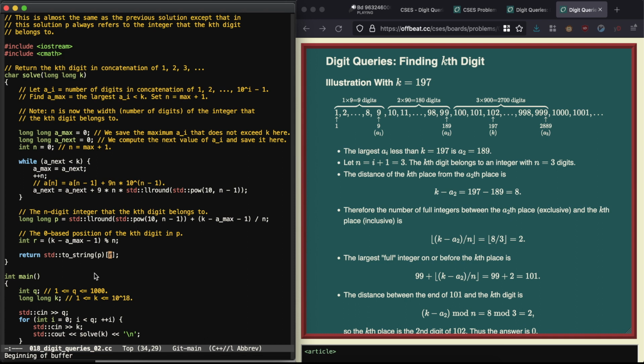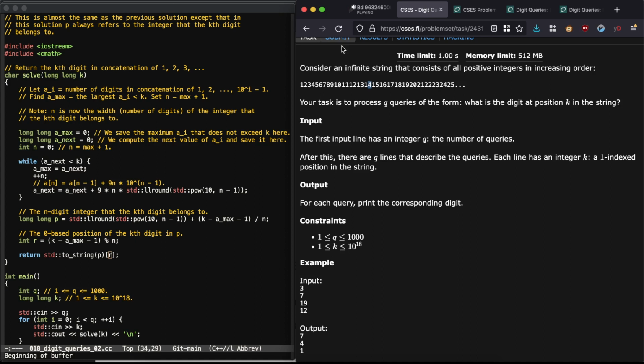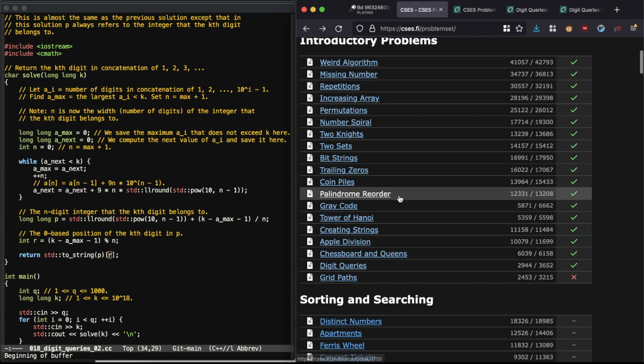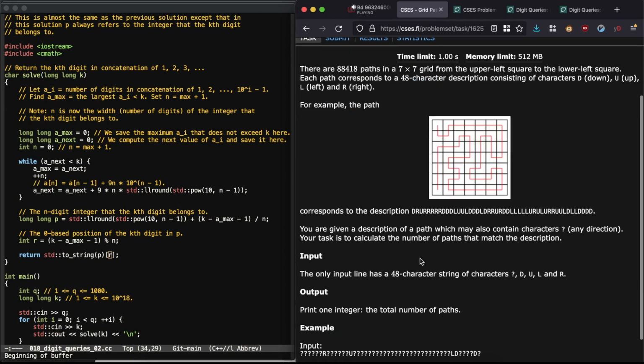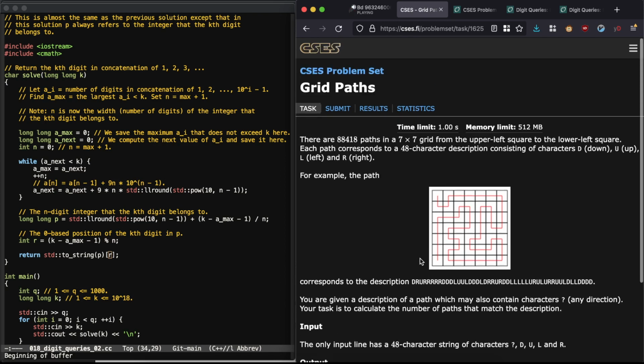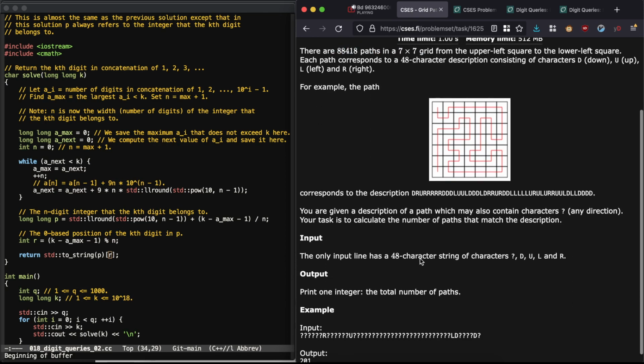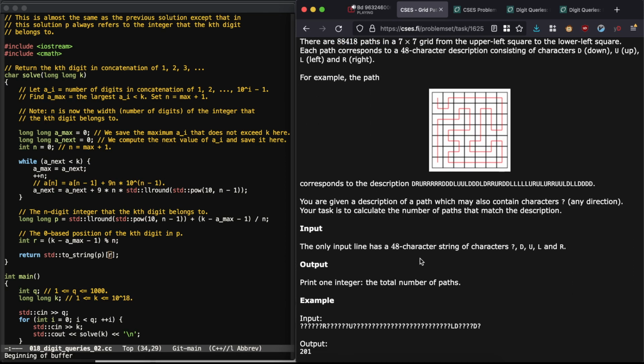I'll just take a minute to introduce tomorrow's problem, which is also quite interesting, and also show the place in the book which discusses problems of this nature. So, grid paths, and yeah, this has a very tight time constraint, and I have to fix my code. I just wrote it a couple of hours back, and I have the solution. I just have to make it fit within the time constraint, for which there are some optimizations to be done.